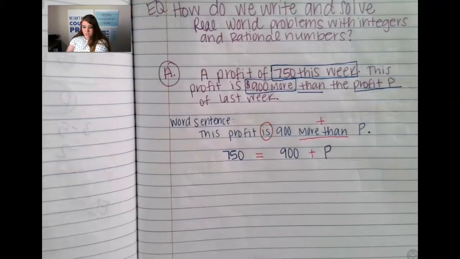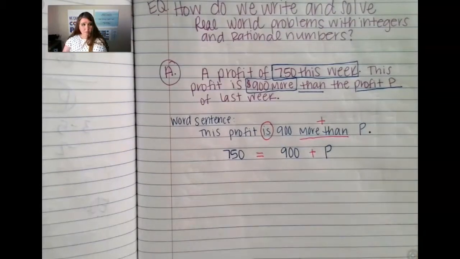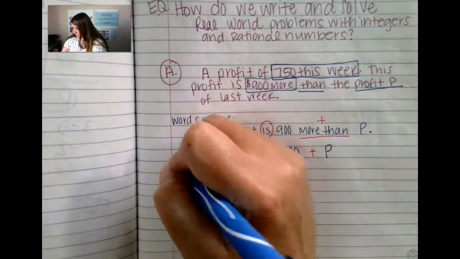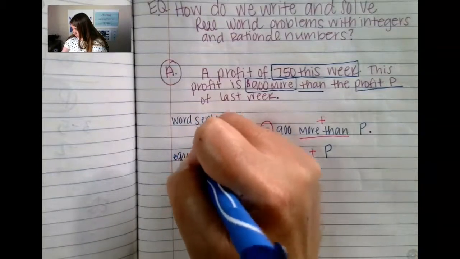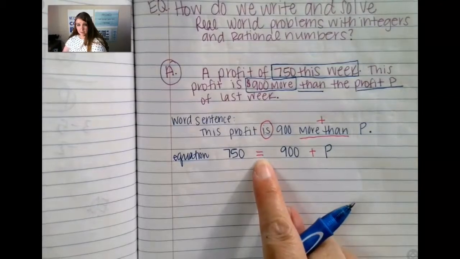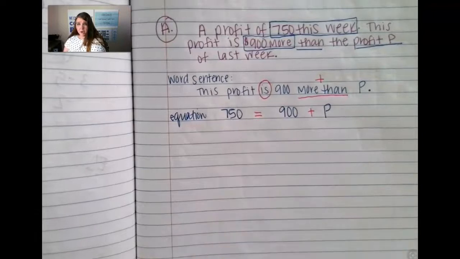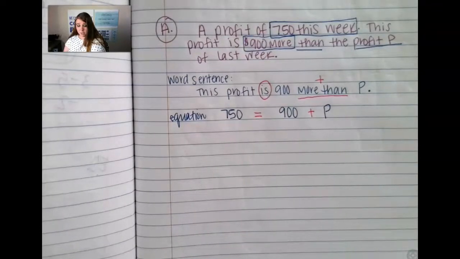So let's write this as our equation. Again, it's called an equation because it has an equal sign. And we're going to now solve this problem.